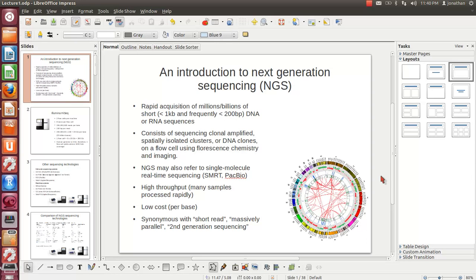So today we're just going to dive right into what I think is pretty important for doing good next generation sequence analysis and good bioinformatics, and that is to know a little bit about both the methodologies, the biology behind the bioinformatics, and to know a little bit about the machines you're working with that produce the data that we'll be analyzing.